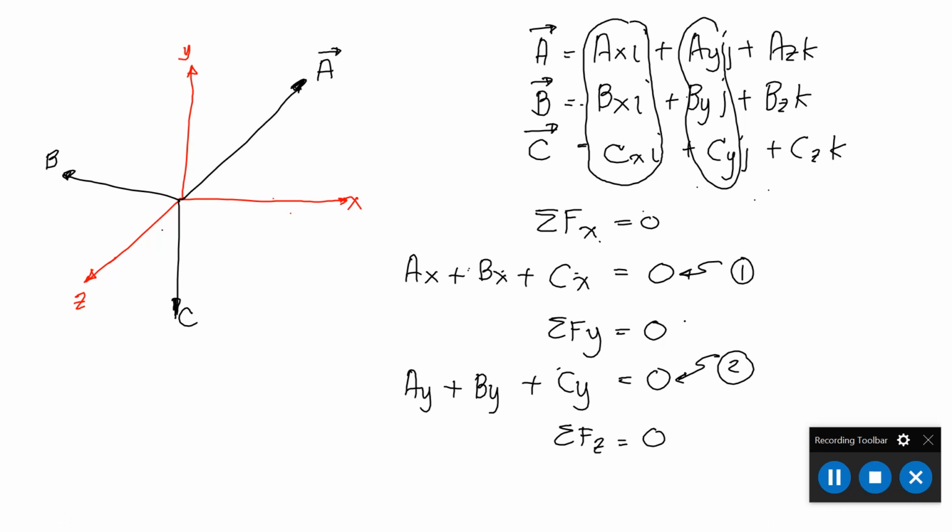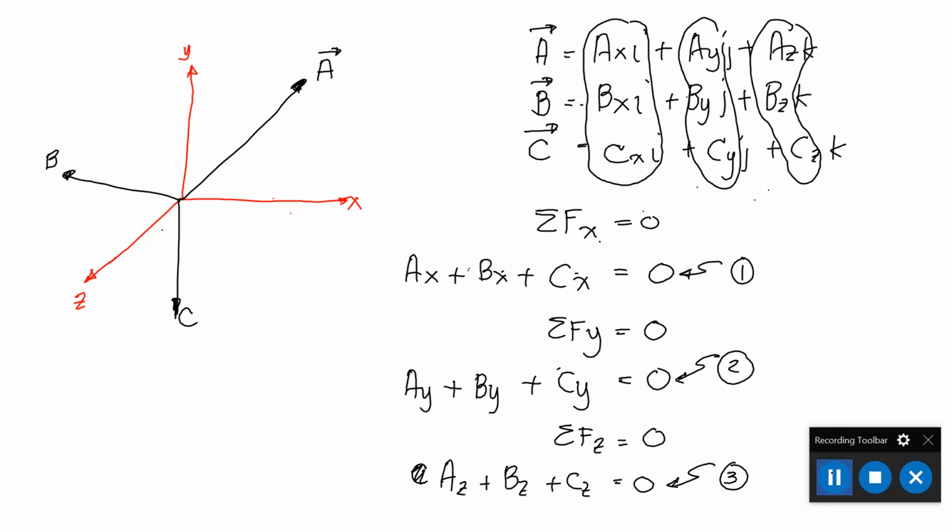Again, from the condition, you're going to add everything on the z-axis, and that will be equated to 0. So you have A_z plus B_z plus C_z is equal to 0, and this will be your equation number 3. How to solve this? Using systems of linear equation or using your calculator.